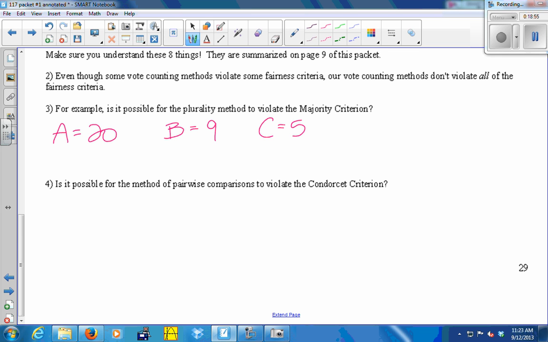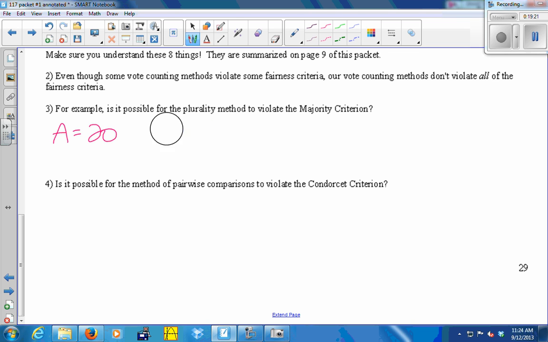Which means how many do you need for a majority? 18. Does anybody have a majority? Yeah, A has a majority, right? And A wins because they have the most, right? Is it possible for a candidate that has a majority to lose? Not with plurality.